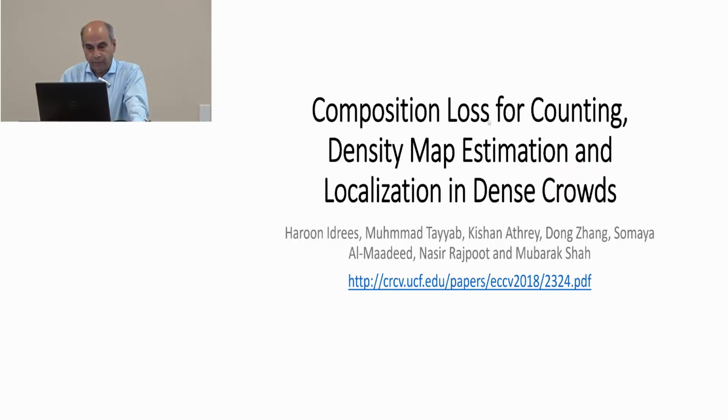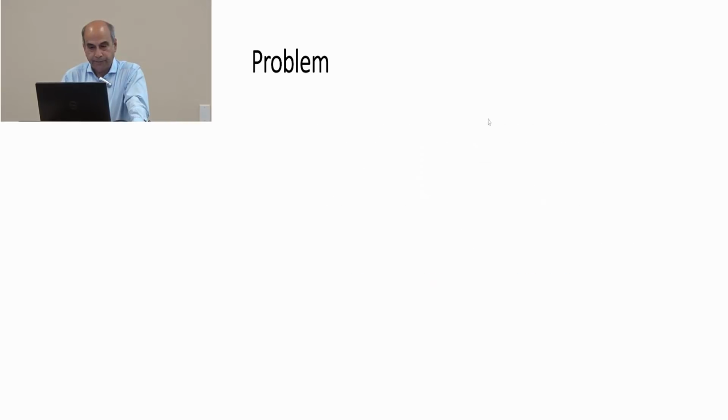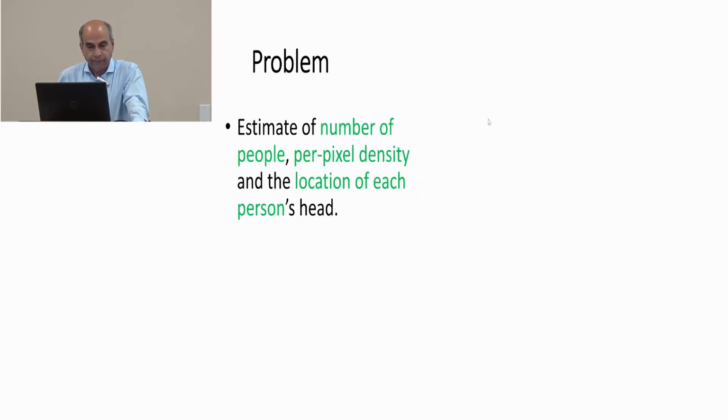So I have one more paper. This was in ECCV. And here we are interested in counting people in a crowd. So we want to estimate the number of people, we want to estimate the density, and also we want to locate the people.